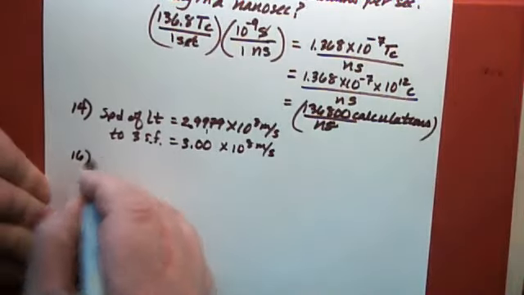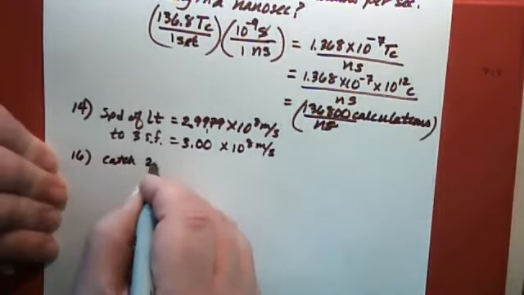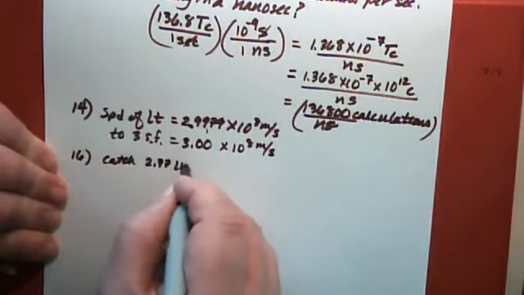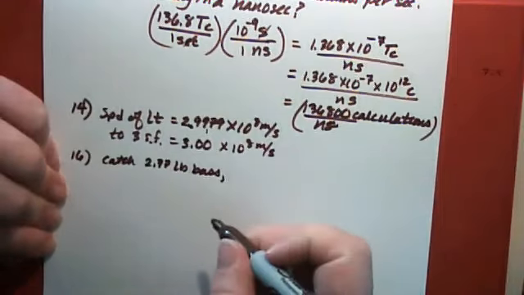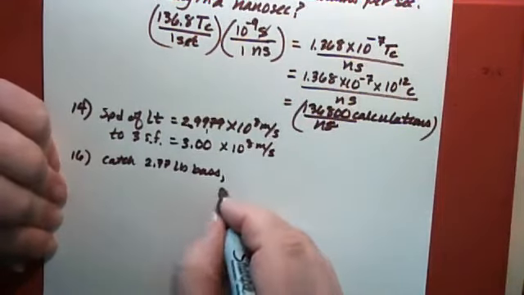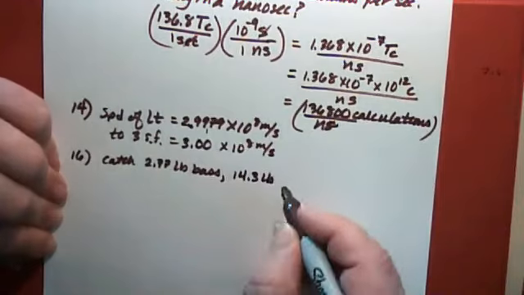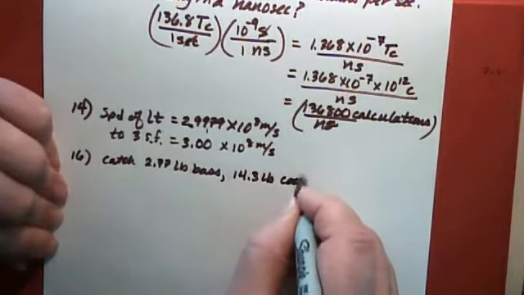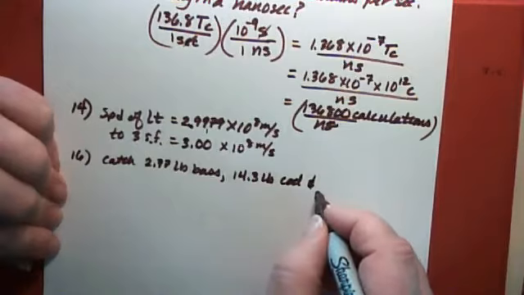Okay, 16. You're on a fishing trip and you catch a 2.77 pound bass, a 14.3 pound rock cod, and a 13.43 pound salmon.